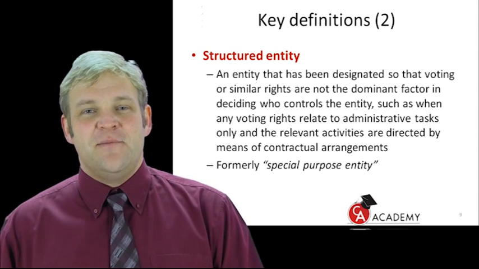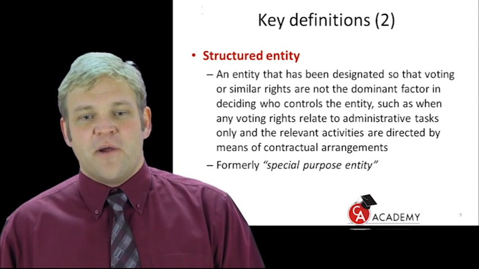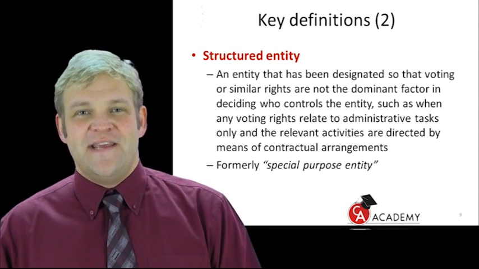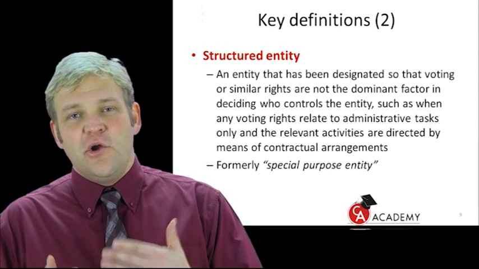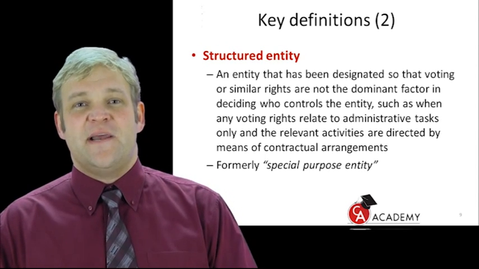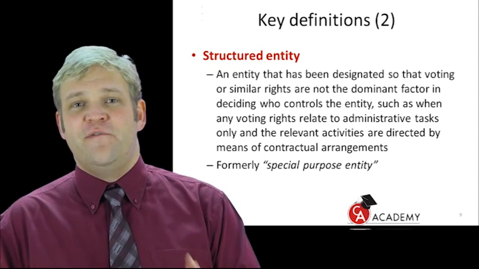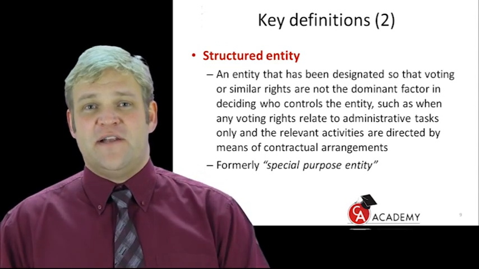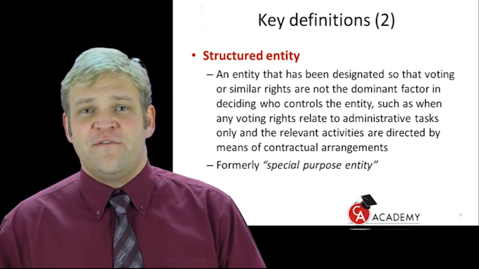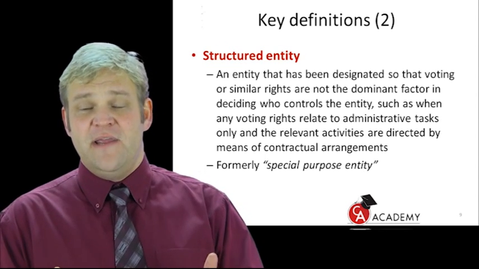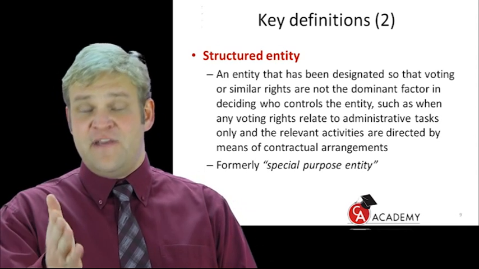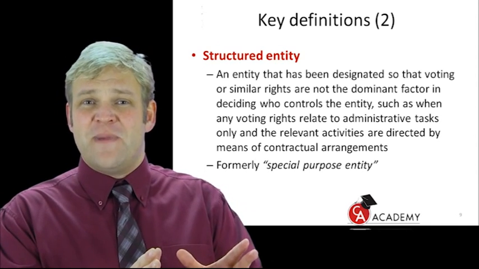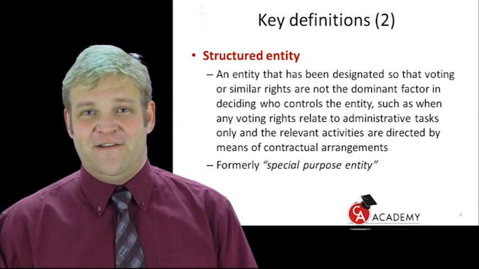Now, this is interesting because in IFRS 10, we spoke about what a structured entity is. And we said that when you look at control and all of those things that play a role, you can't just go for a power instrument that says, I've got voting rights. Because if you have the majority of the voting rights, you can possibly, if you look at this definition, only have them in respect of irrelevant activities.